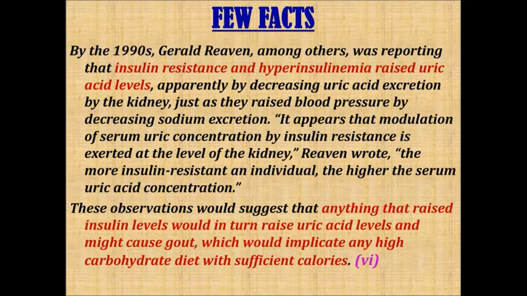By the 1990s, Gerald Reaven, among others, was reporting that insulin resistance and hyperinsulinemia raised uric acid levels. Apparently, by decreasing uric acid excretion by the kidney, just as they raised blood pressure by decreasing sodium excretion. As we know, sodium is a very important component during excretion in the loop of Henle, because it works as an electrolyte which helps in osmosis.